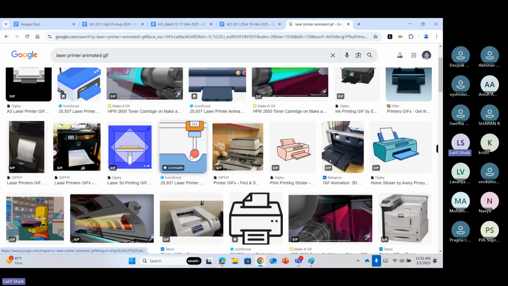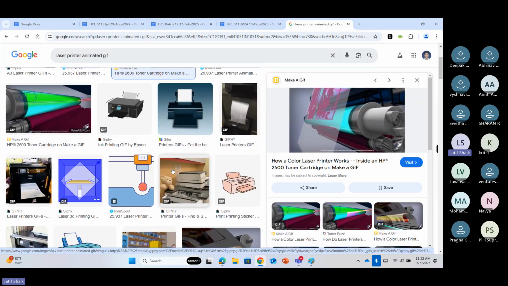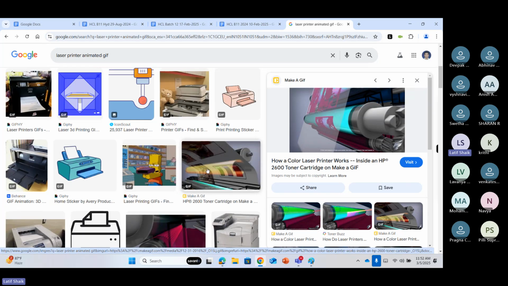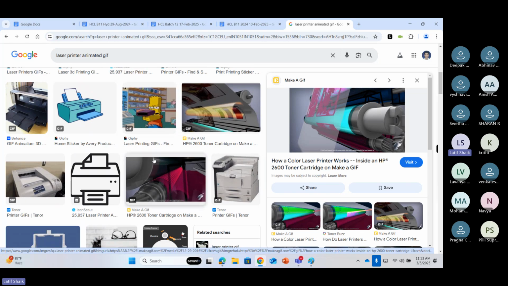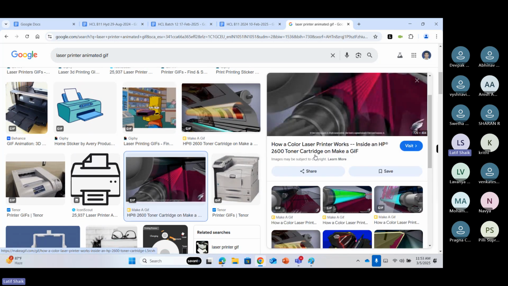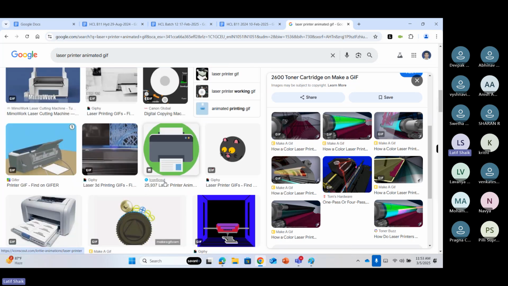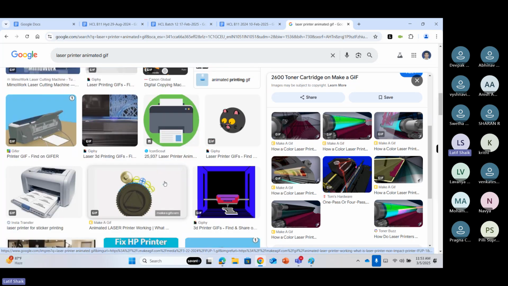If you watch any related YouTube video, you'll understand better how it actually prints. This is called a drum. The drum is charged with a negative charge. And there is a laser inside your laser printer. There is actually a laser there.